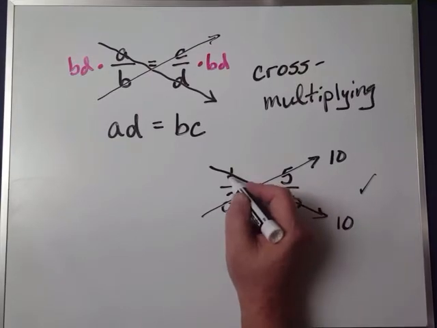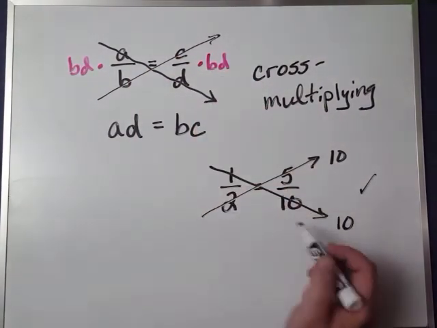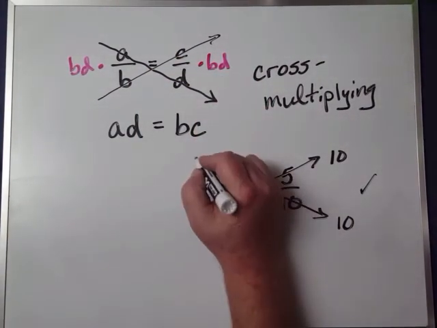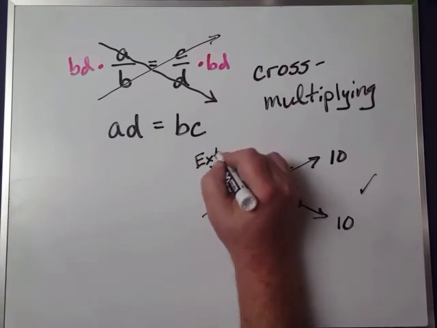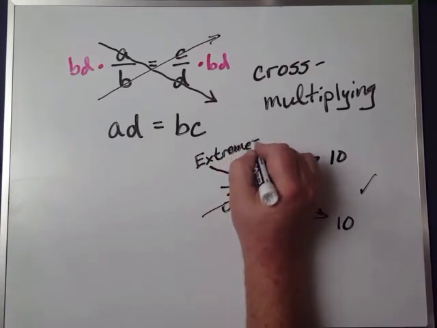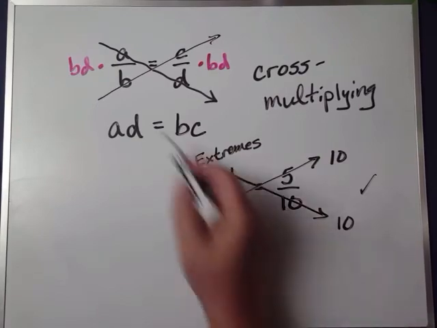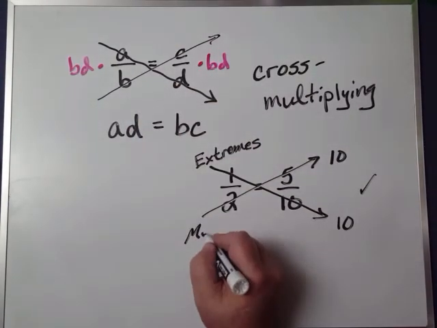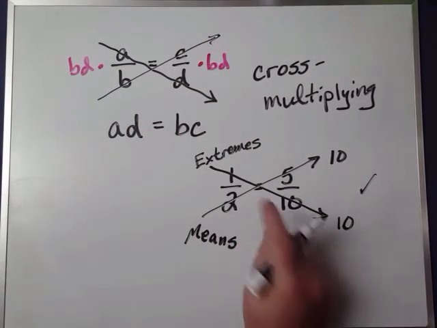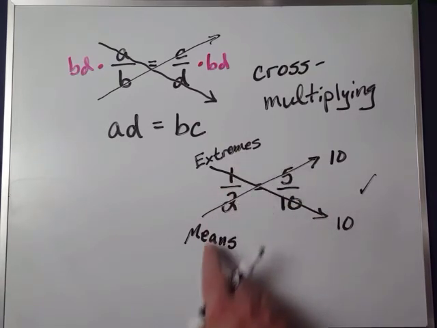By the way, the A and the D, over here, the 1 and the 10, those are called the extremes. The 2 and the 5, the B and the C, those are called the means. Extremes means on the outside, means in the middle.